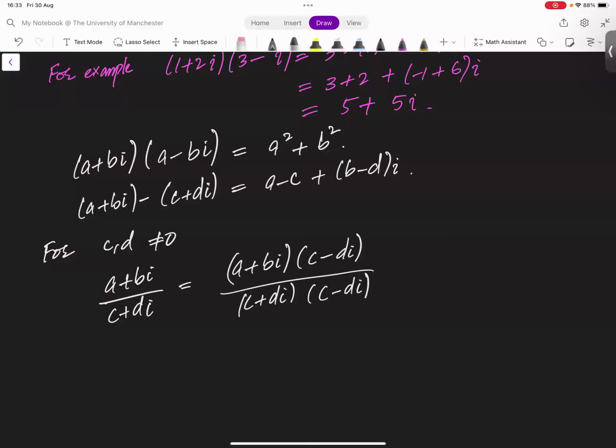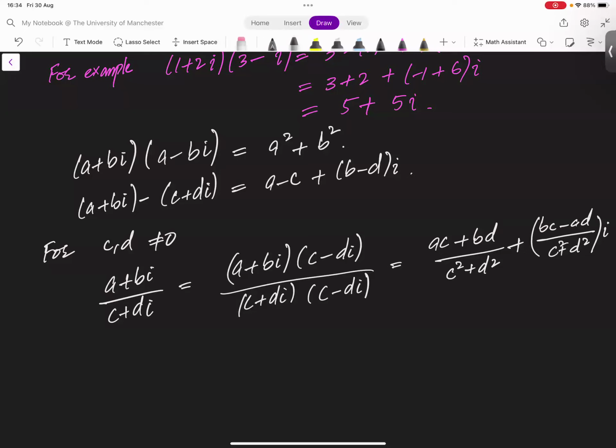Now we know the multiplication formula, but instead of c plus d we have c minus d. So in that case, we will have (ac plus bd) over (c square plus d square) plus (bc minus ad) over (c square plus d square), and this has iota with it.